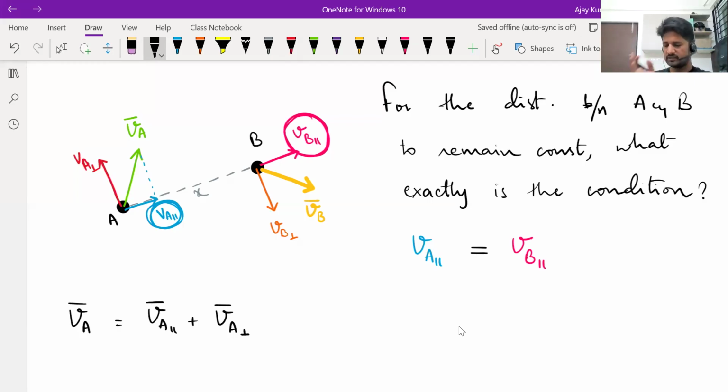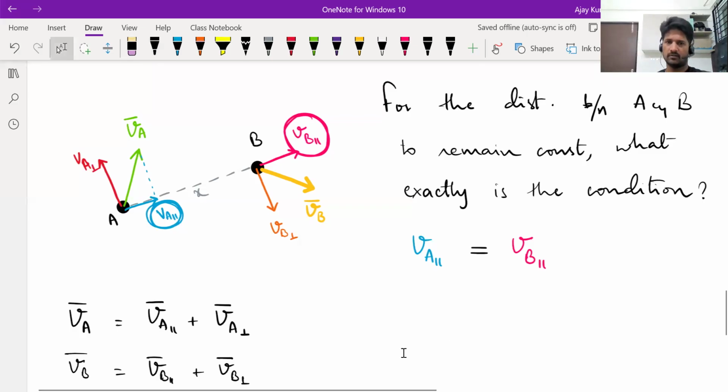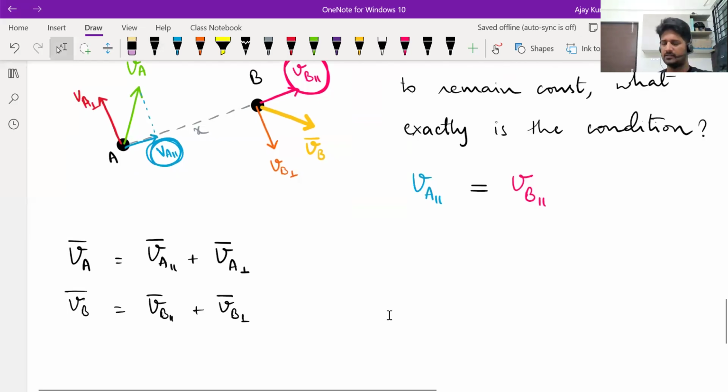So the VA vector is the sum of the VA parallel vector and the VA perpendicular vector. Similarly, the VB vector, velocity of B, is the sum of the VB parallel vector and the VB perpendicular vector. Like how we express a vector as the sum of its x component and y component, here I'm expressing these as the sum of the parallel component and perpendicular component to the line connecting the two particles.